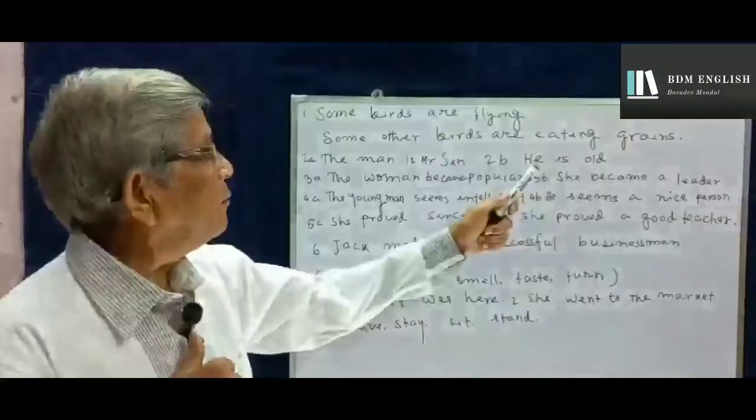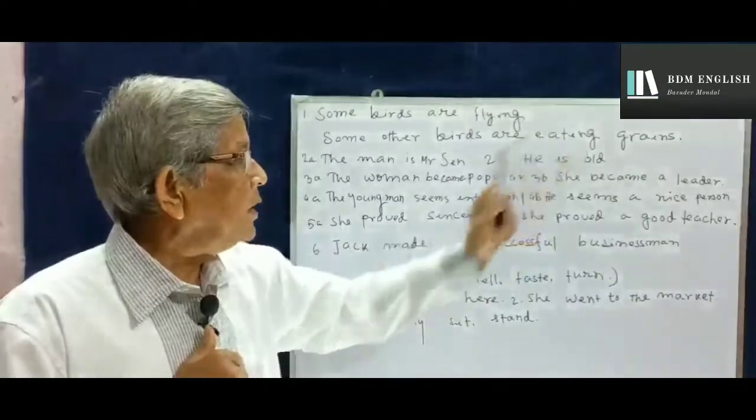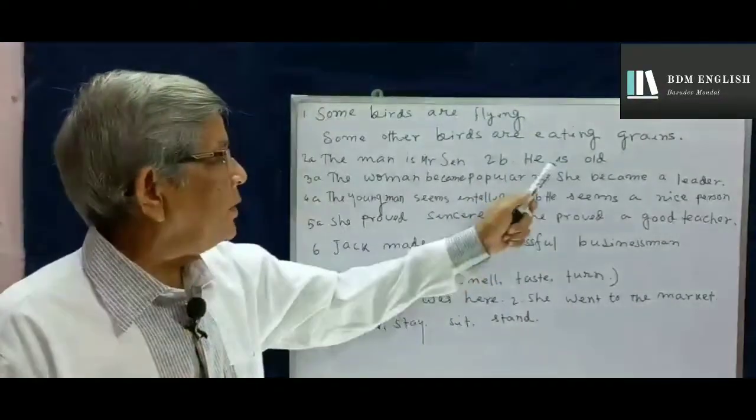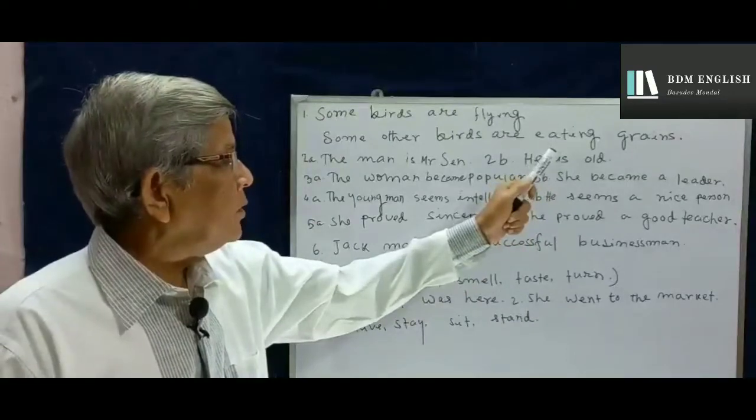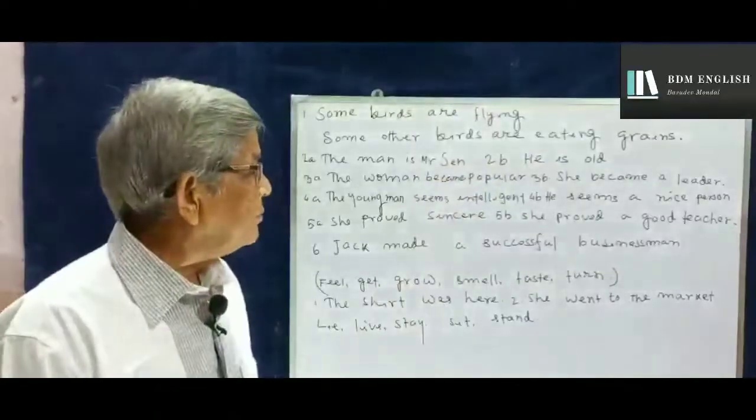So, grains here is essential, it is indispensable to complete the predicate. We cannot complete the minimum length of the predicate without the object in case of a transitive verb.